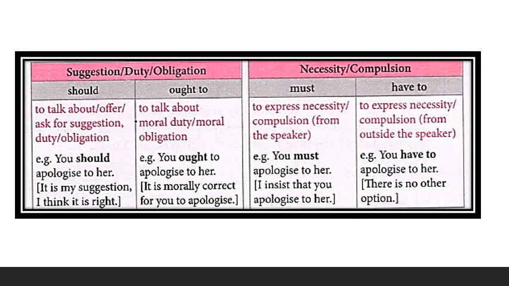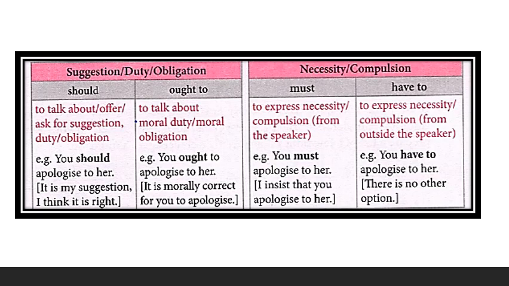Then coming to the usage of should, ought to, must and have to, how all these modal verbs are used with the same sentence, but how they differ in meaning. Okay, when you look at the modal verb should, it is used to offer, ask for suggestion, and talk about duty or obligation.